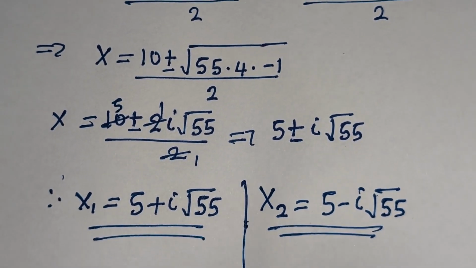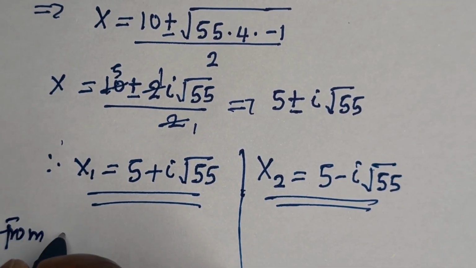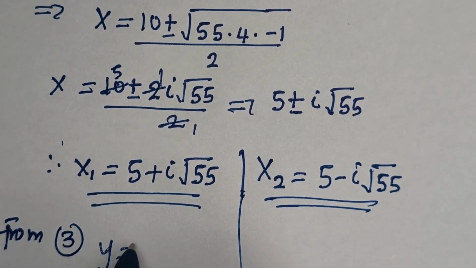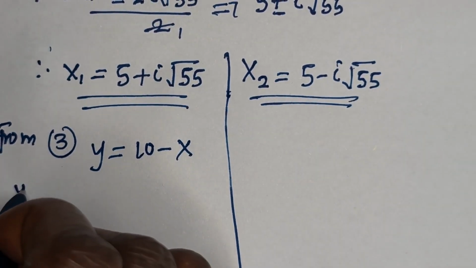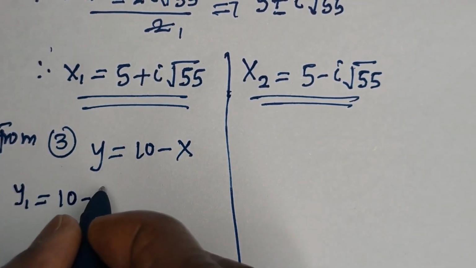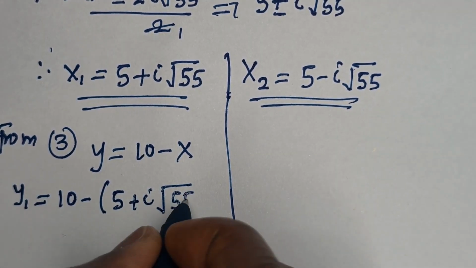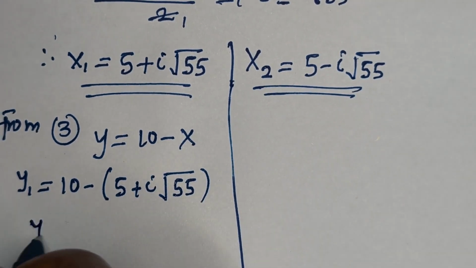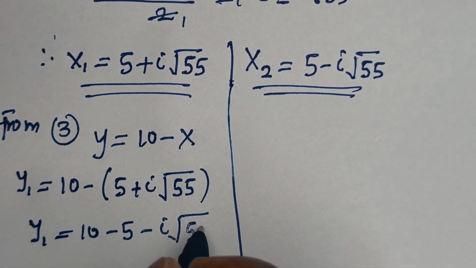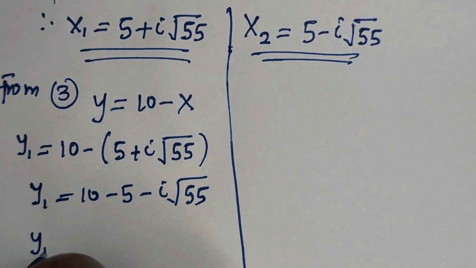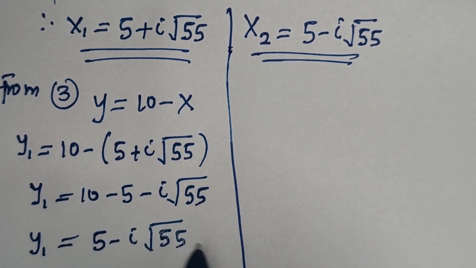Let us solve for y. From equation 3, y is equal to 10 minus x. Then y1 is equal to 10 minus x1, which is 5 plus i square root of 55. y1 is equal to 10 minus 5 minus i square root of 55. y1 is equal to 5 minus i square root of 55.